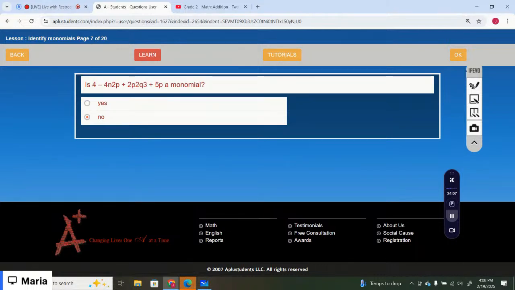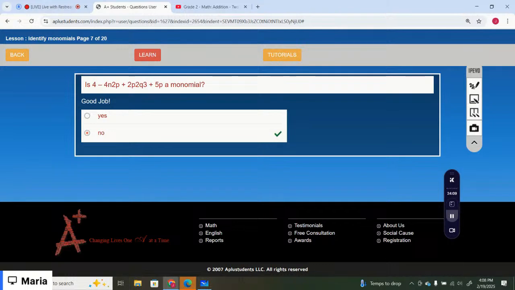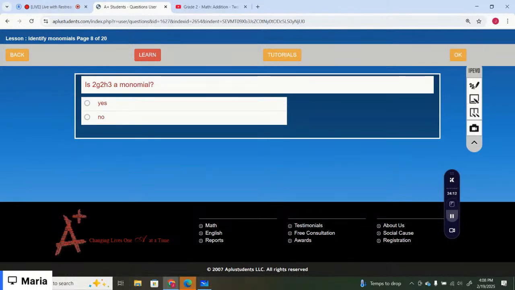No, that is not a monomial. Option two is the correct option. Is 2g squared h cubed a monomial?